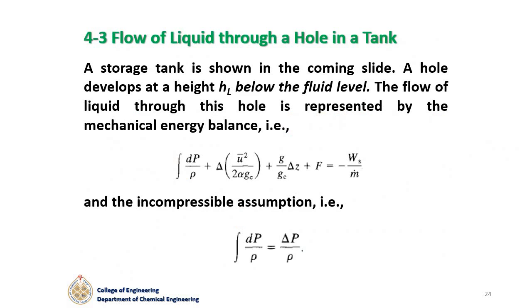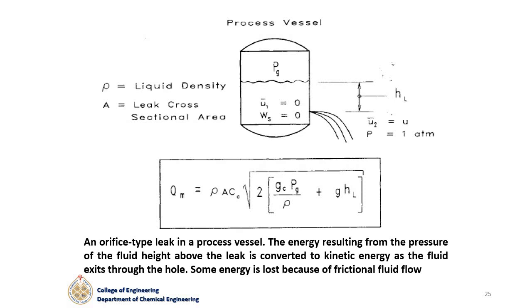Okay, so that was flow of liquid through a hole generally. But if you want to look at the flow of liquid through a hole in a tank, that will be similar to what we were talking about, and that will be this equation. The idea is similar: there's P gauge and there's P atmospheric outside.